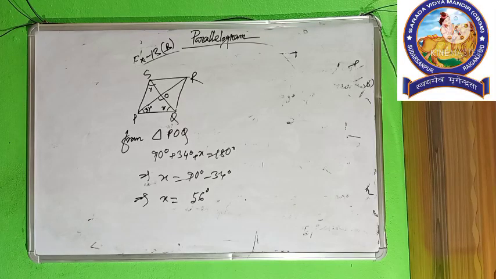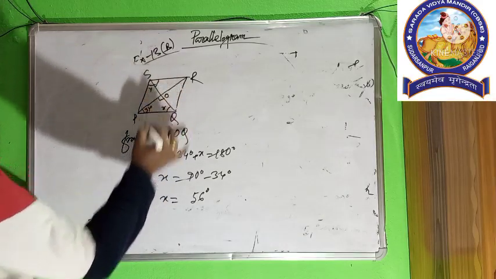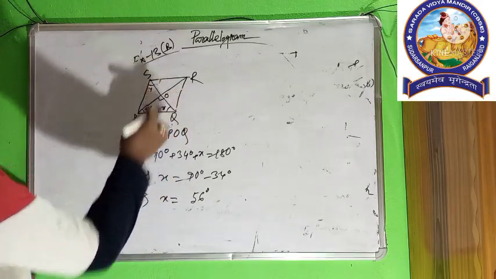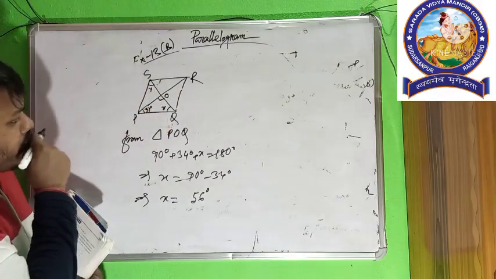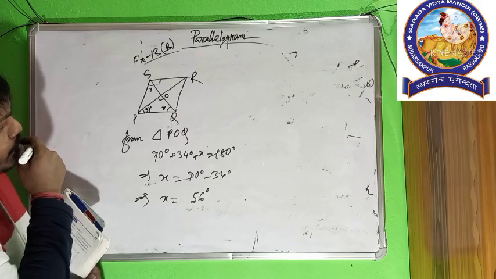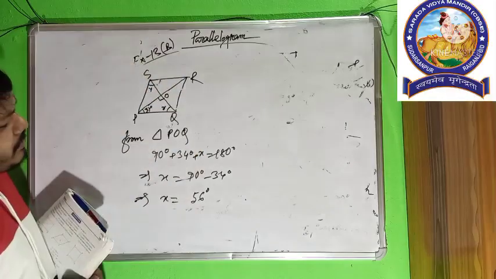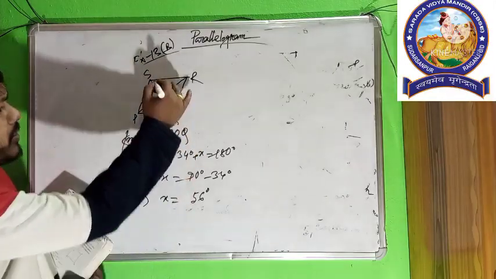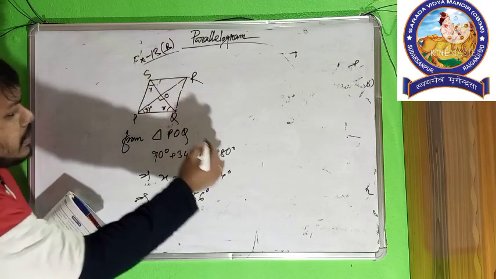It is better to solve another way. Diagonals bisect the angle, so the value of x and the value of y are equal, because the diagonal bisects the opposite angles.